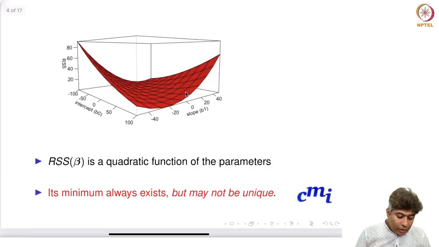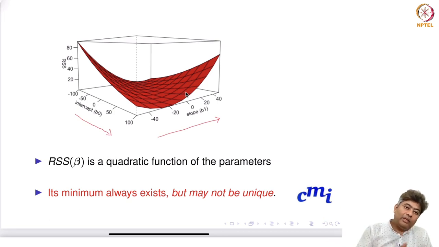If you look at the surface, consider different values of intercept and different values of slope. For different values of slope and intercept, you plug them in and calculate the residual sum of squares, and what you get is a surface.